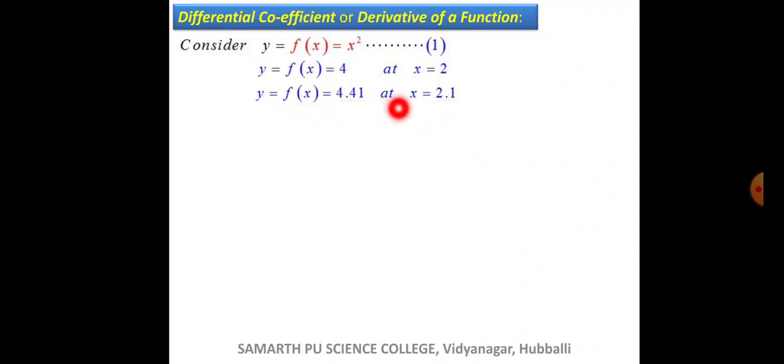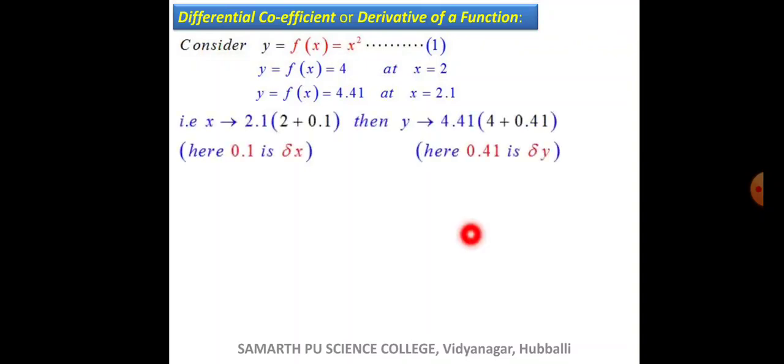When x equal to 2 it is 4, and when x equal to 2.1 it becomes 4.41. See here, as x increases, y also increases. So as x changes from 2 to 2.1, that is 2 plus 0.1.